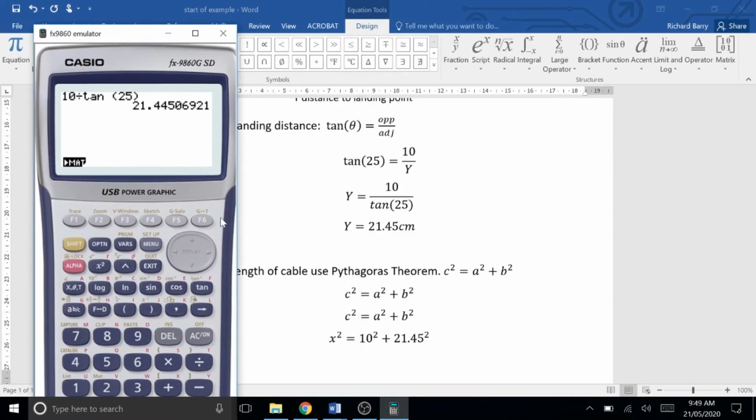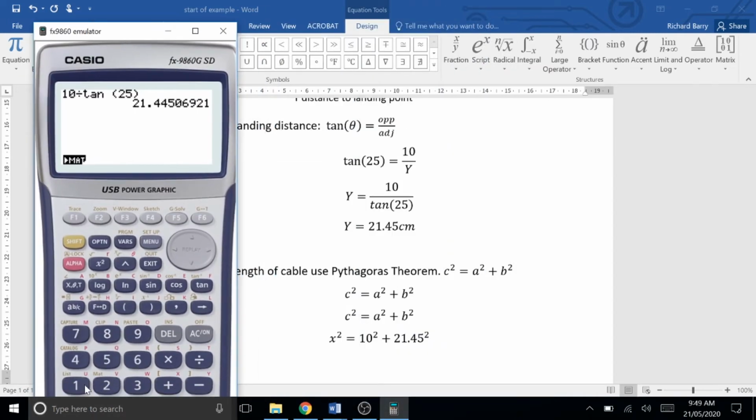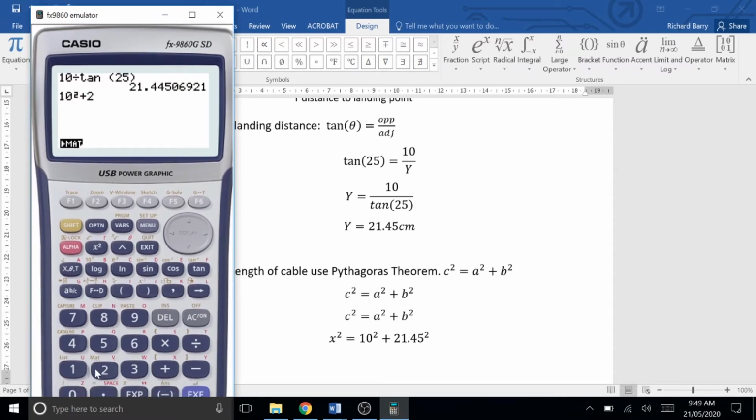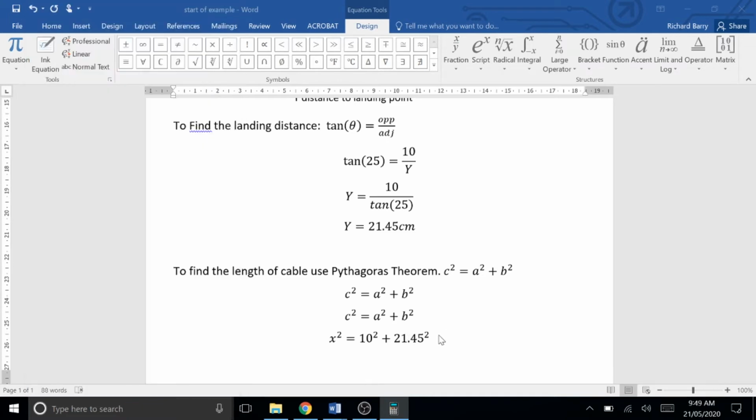Let's put this over here. So the next line is 10 squared plus 21.45 squared, 560.1.